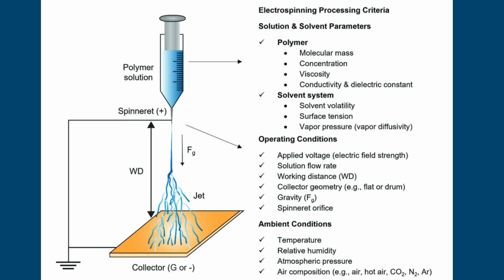Environmental conditions such as temperature, relative humidity, and airflow also play significant roles. Temperature affects solution viscosity and evaporation rate, while humidity can influence pore formation and fiber surface morphology. Controlled airflow within the electrospinning chamber can enhance solvent removal and improve process stability.